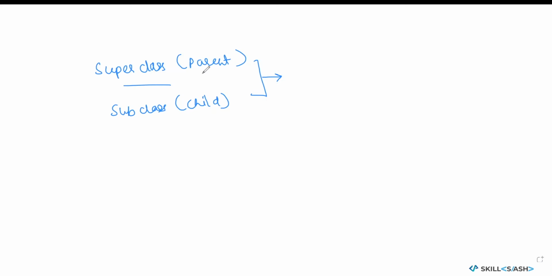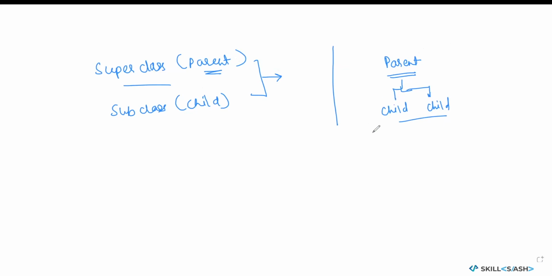Generally, what we understand is we inherit. Inherit means whatever the properties of a parent, I'm talking about a real world scenario, the child inherits. Let's say they have multiple children, then all children inherit that property.